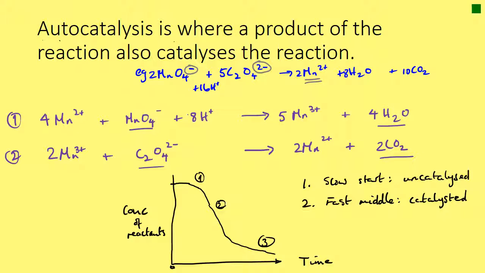Let's call it auto-catalyzed. And then the third stage is it slows at the end because the reactants are used up. And so that is an example of autocatalysis and also an example of homogeneous catalysis. And we might do that practical in class as it happens.